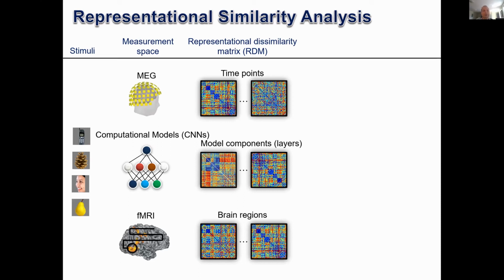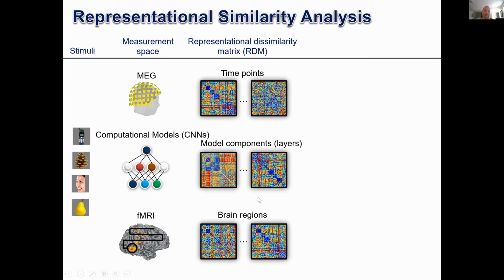And now we wanted to see hierarchical correspondence, meaning that as the signals evolve over time, they become more and more high-level information, from pixels to more high-level semantic information. The same with models. From earlier layers to higher layers, there should be some relationship. And for brain regions, from low level to high level, we should also see such correspondence.